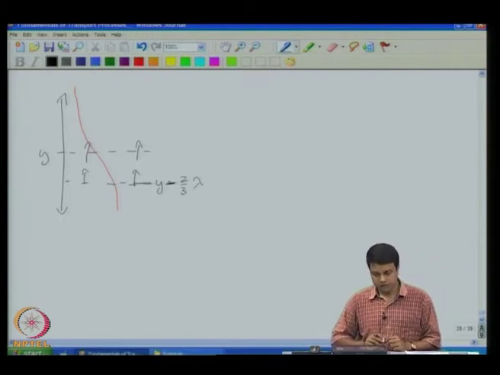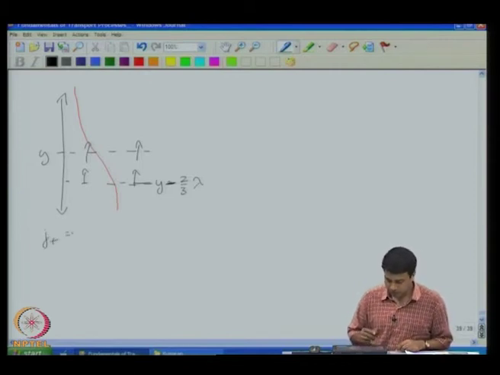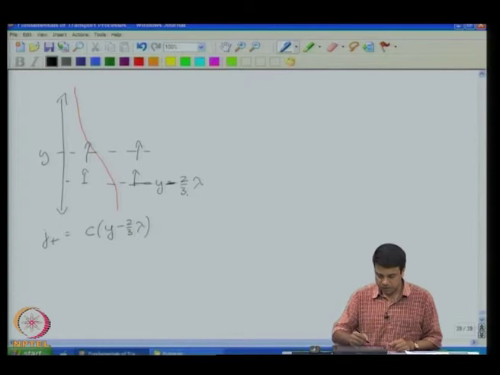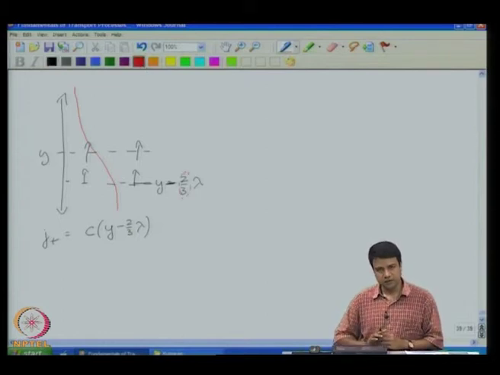So, what is the flux of molecules going upwards? The flux of molecules is going to be equal to the concentration of molecules at y minus 2/3 lambda. This factor 2/3 comes from more detailed calculations, which we shall not concern ourselves with here. We will just assume that it is some constant factor.